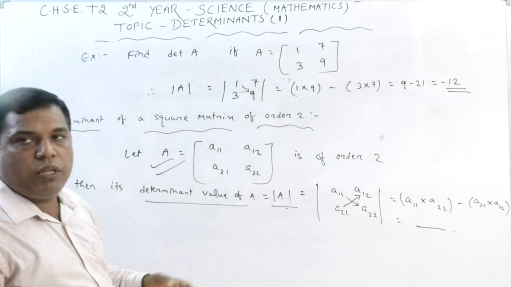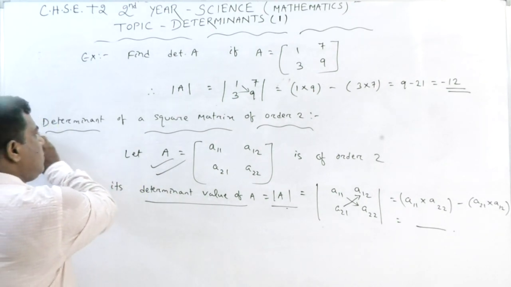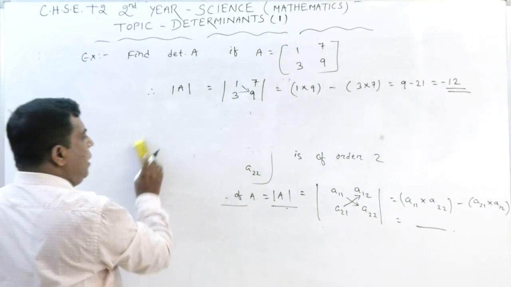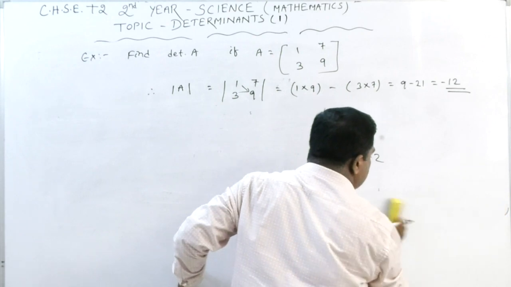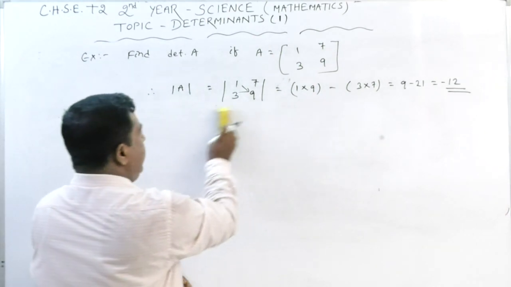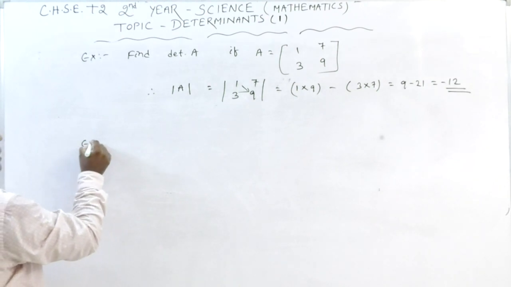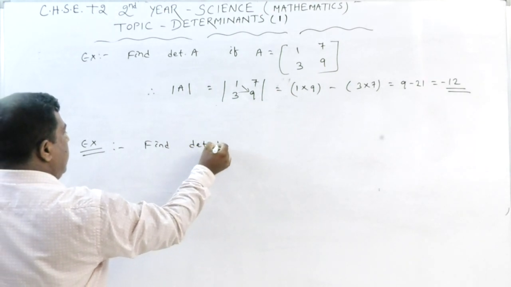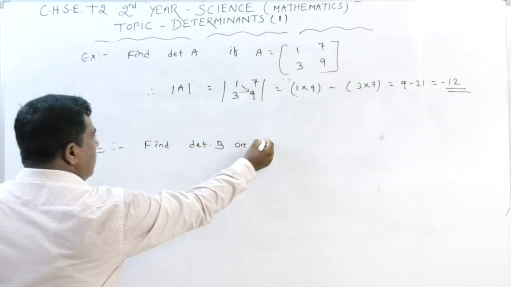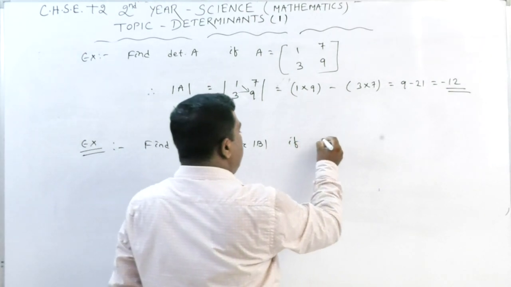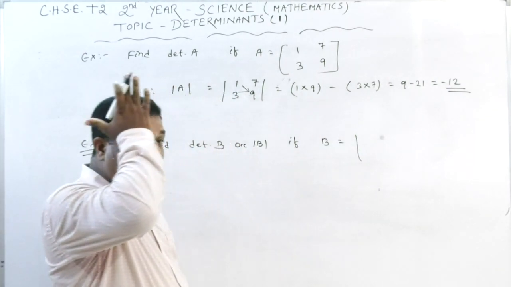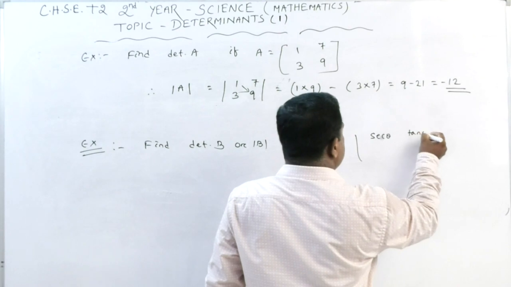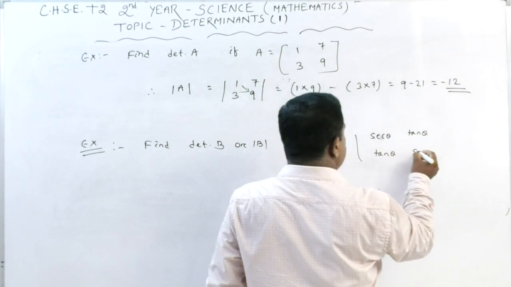In this way, we are able to get the determinant of such type of matrices whose order is 2. So let us clarify with some more examples. Take another matrix and let us try to find. For you I am giving those examples. My dear students, look carefully at the board. Another example: find the determinant of B. If B equals sec theta, tan theta, sec theta.